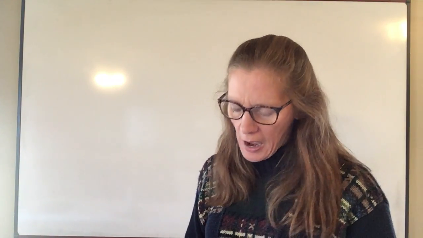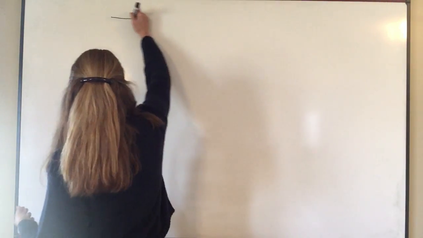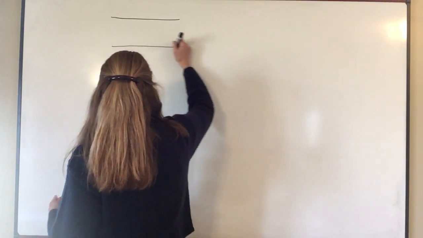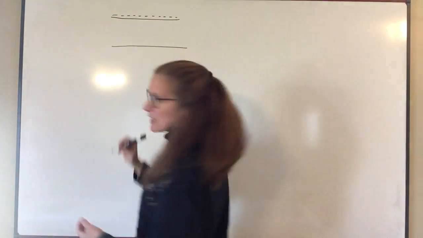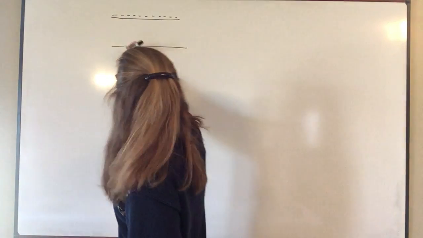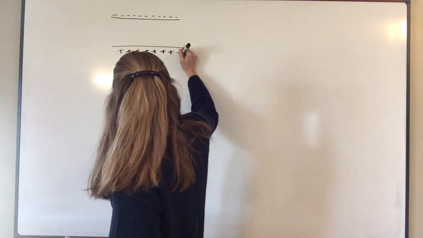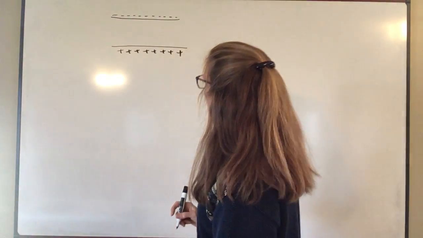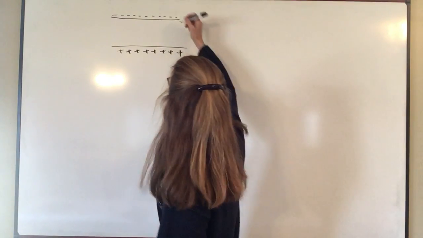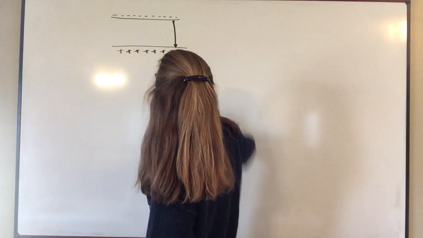So once again, I just want to draw a picture because I think it will help you see what's going on. So if you have a capacitor, and I'm going to put the negative plate up here at the top, and I'm going to put the positive plate down here at the bottom, and it tells us that we have an electron, and it's going to travel from the negative plate to the positive plate.